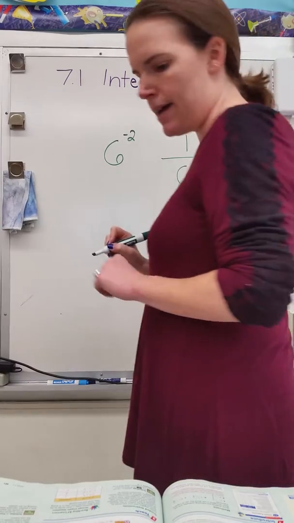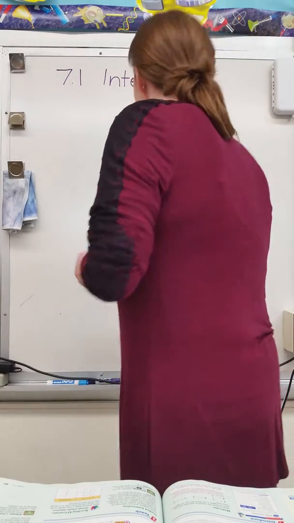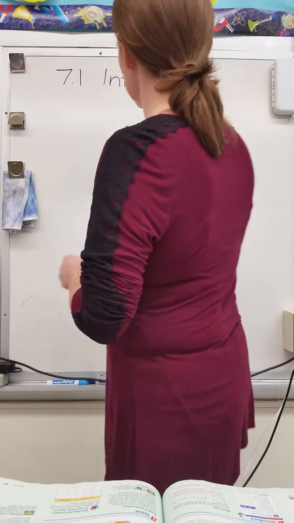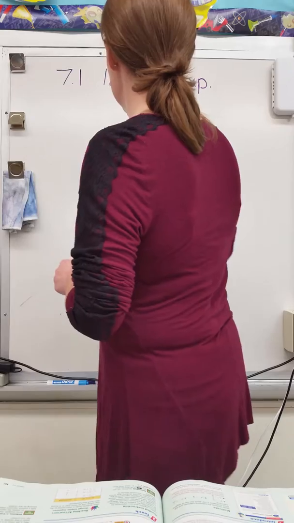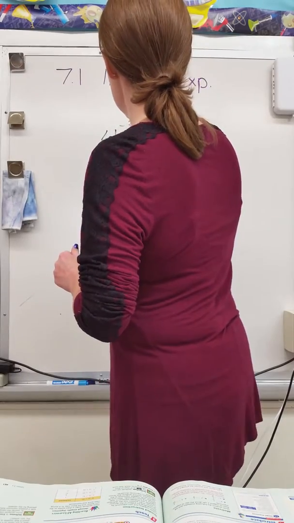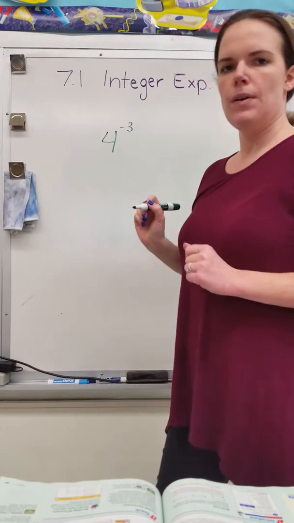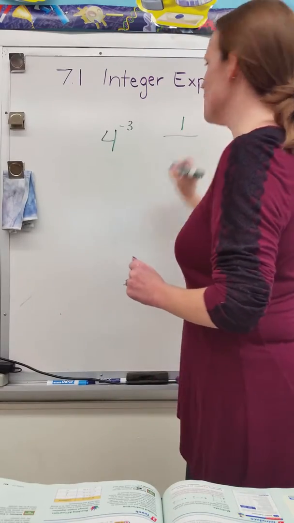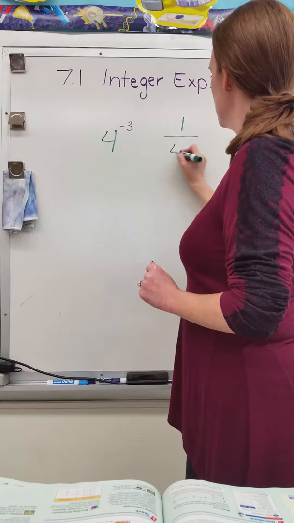Say you have 4 to the -3rd power. What that means to do is take 1 over 4 to the 3rd.